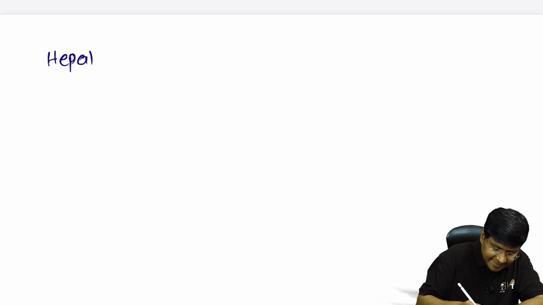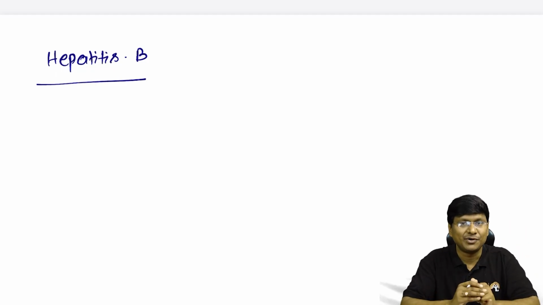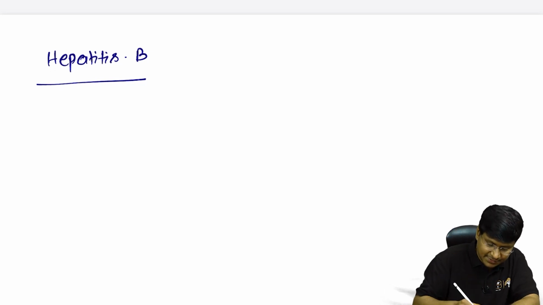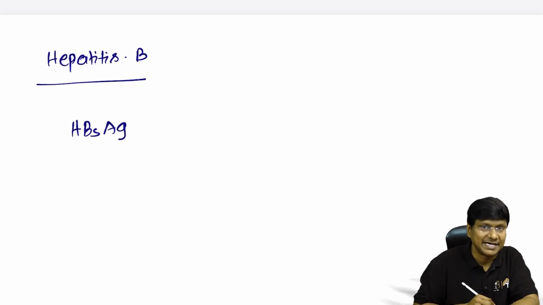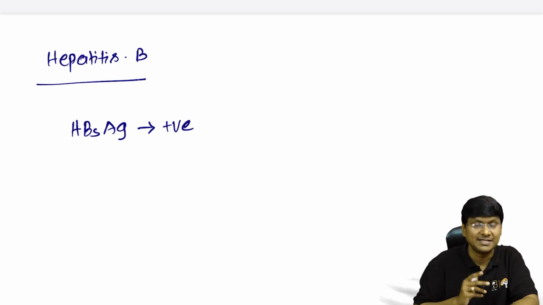Next question. Now regarding hepatitis B, what is the important serology that you have to remember? The first important serological marker that will appear in hepatitis B is the surface antigen. The surface antigen will be positive, and this is the first serological marker that will appear in the blood.